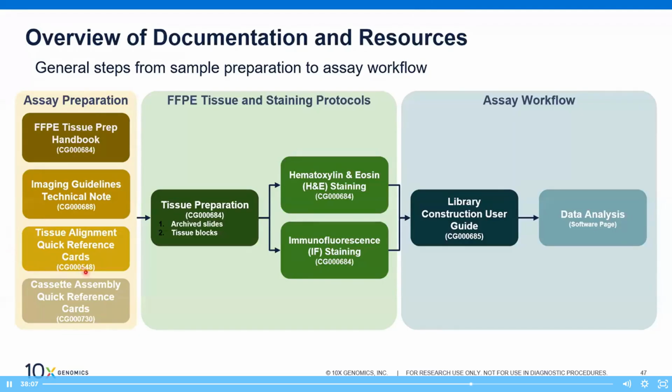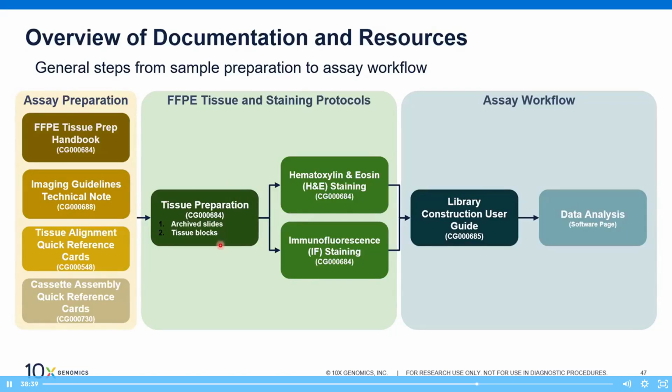The tissue alignment quick reference cards I mentioned are also available for download on our website. So make sure that you download the correct one if you have 25 or 26 millimeter slides. We have a tissue preparation guide that shows you how you can use archived slides, because I know that archived slides, especially hard-covered slides, can be a little bit tricky, but it will give you some information on how you can prepare these archived slides.